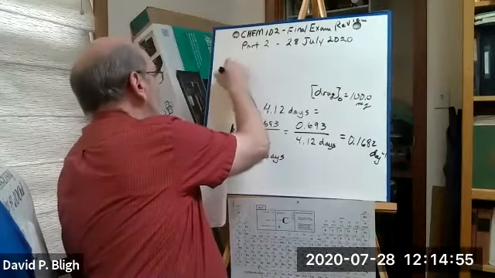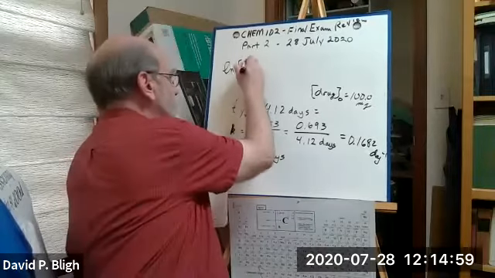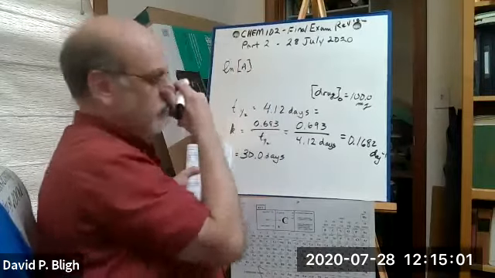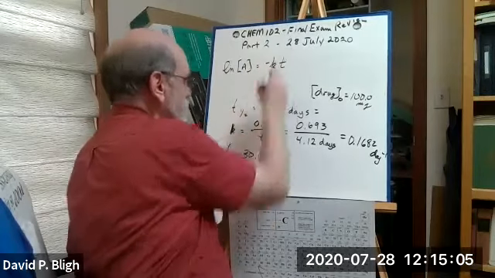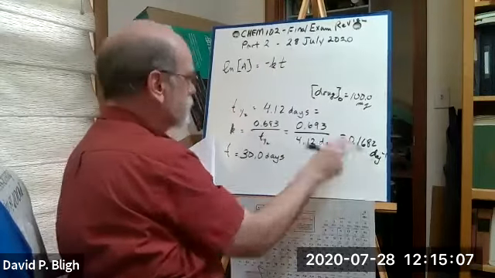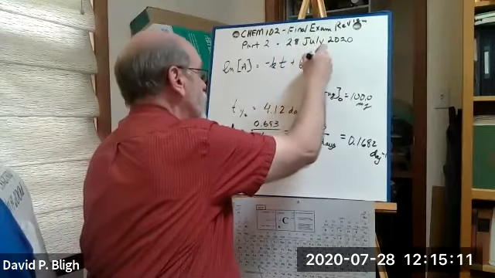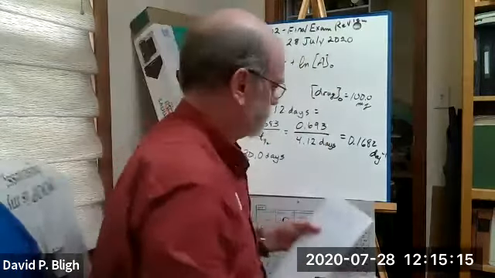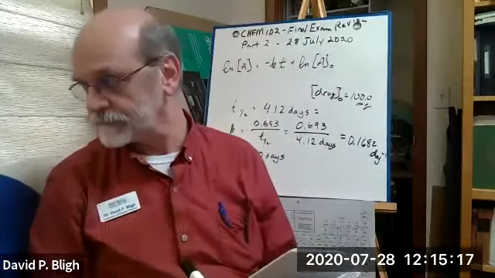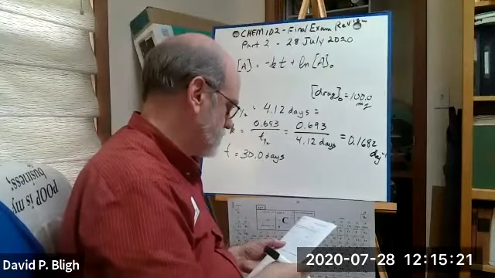The natural log of the concentration, well, we'll say A is the drug, equals minus k times time, plus the natural log of the initial concentration. All right.